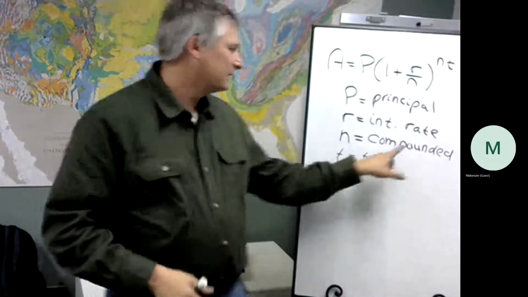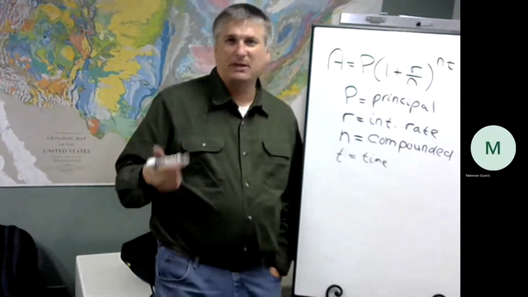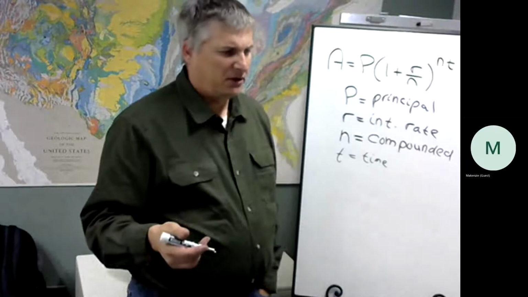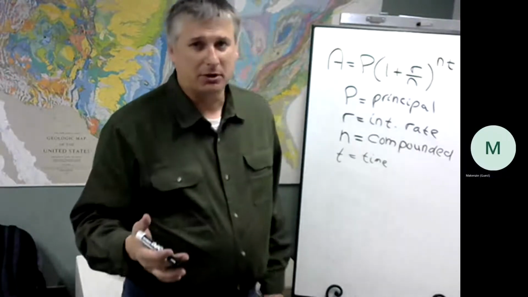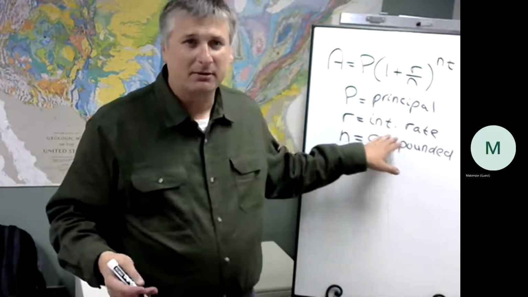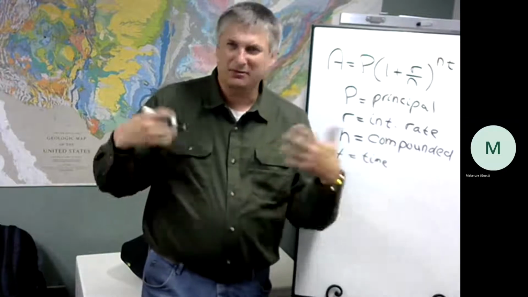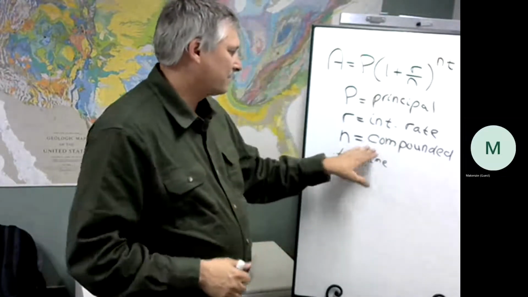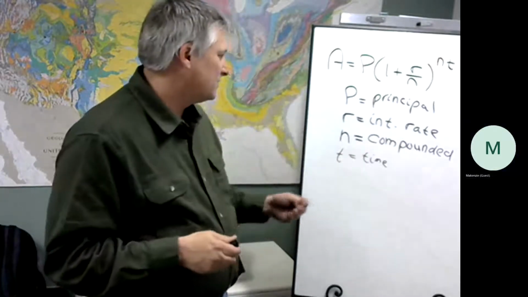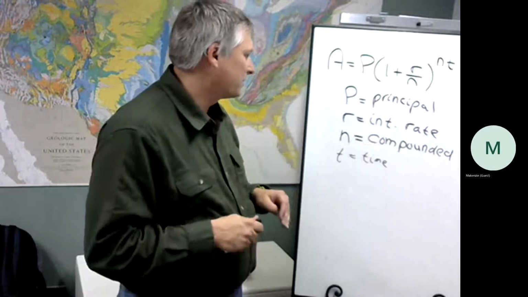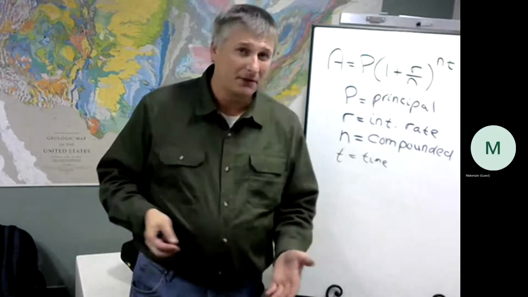Now with compounding, you want to recognize what N could be. It's based on the language. So if the interest is compounded annually, you're going to get annual interest rates, and they might say that. That's just describing the interest rate, as opposed to being monthly or daily. But compounded is something that will be mentioned specifically. With compound interest, what we're going to be doing is taking an annual interest and charging a fraction of it throughout the year.